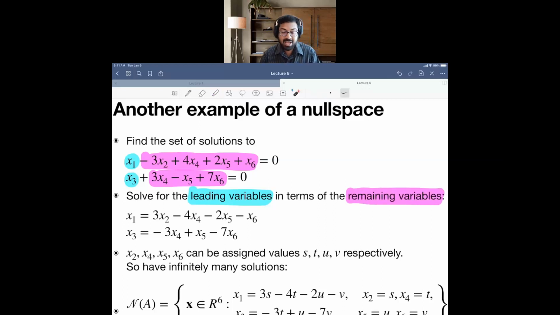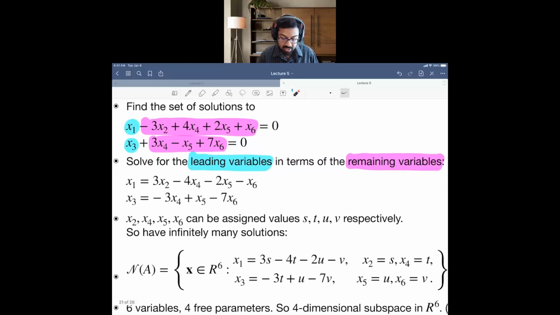So I'm able to express my leading variables in terms of my remaining variables. So remaining variables can be some arbitrary values, and for any choice of my arbitrary values for my remaining variables, I will get some constrained values for my leading variables.